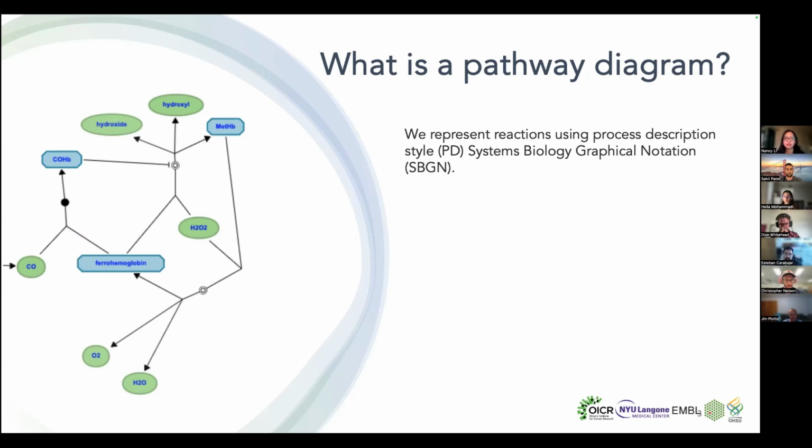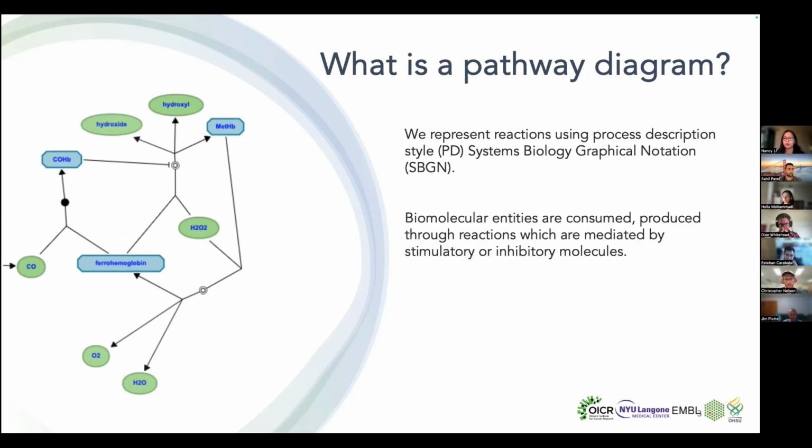So what this means is our diagrams represent all of the biomolecular entities and the mechanisms involved as a molecule that's consumed or produced through a reaction, and that reaction is mediated by either stimulatory or inhibitory molecules. So this type of diagram, as opposed to other ones, are directed, sequential, and mechanistic. And you'll see if you go to the Reactome website that each of our reactions follow that format.